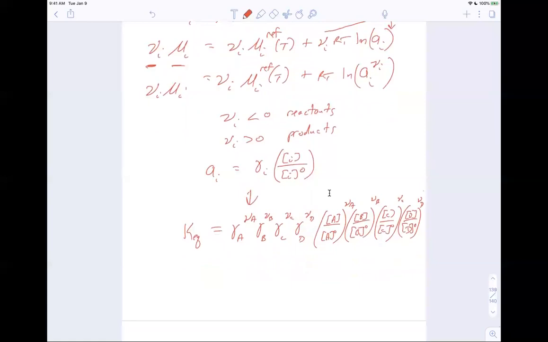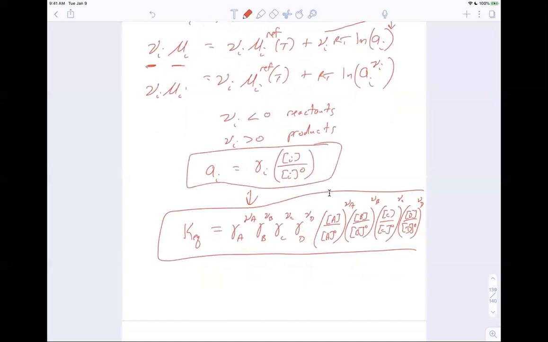So our equilibrium constant, when we allow for the activity to be represented in terms of concentrations, which we will take to be molarity, turns out to be this product of the activity coefficients.